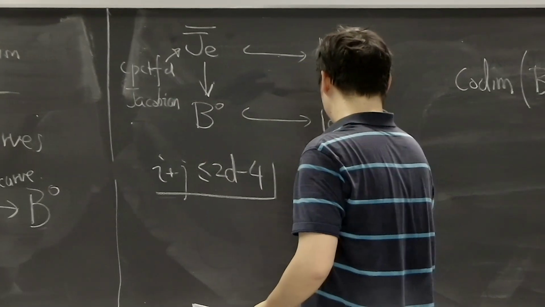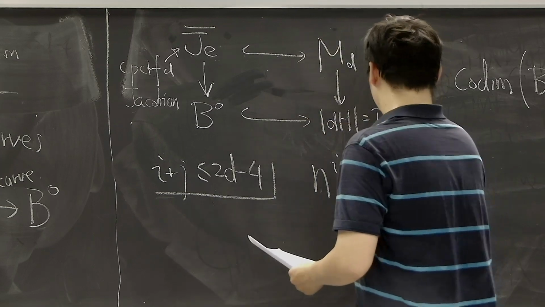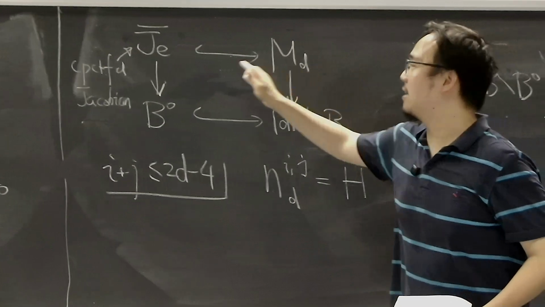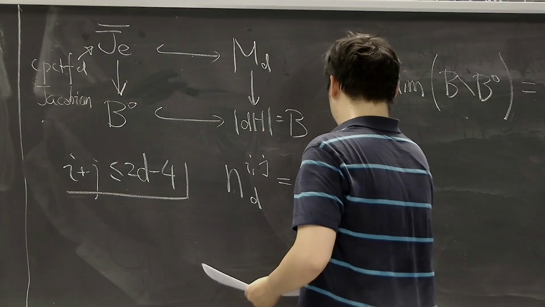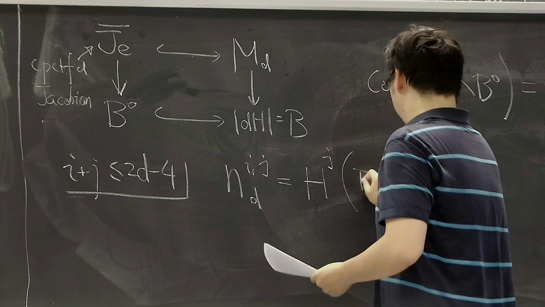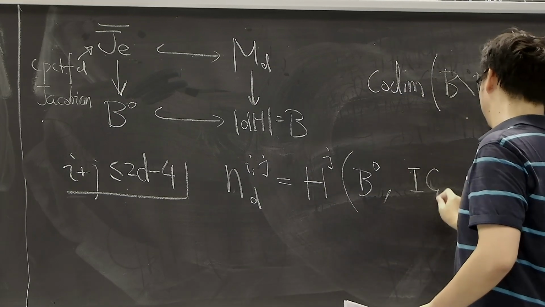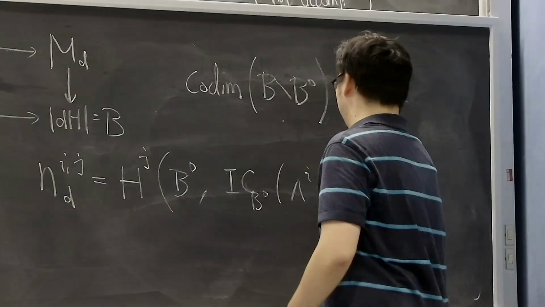You can just throw away all the fibers outside this J bar by considering J over B0 and IC B0 of wedge i, the same thing I wrote at the beginning.